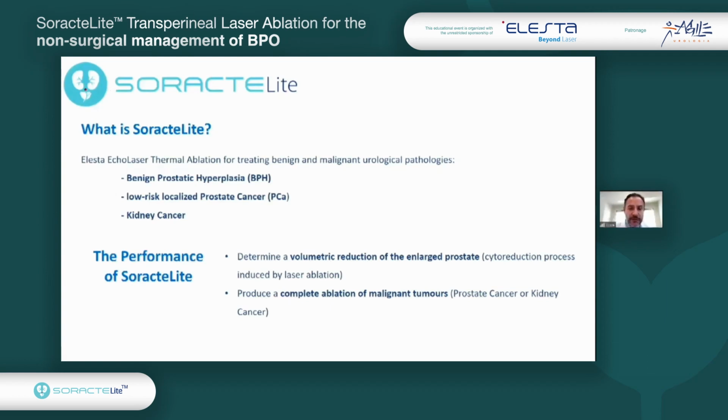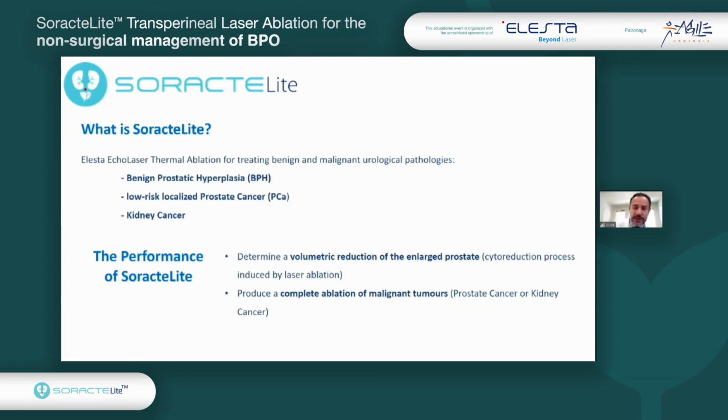We will use the SoracteLite to determine a volumetric reduction of the enlarged prostate, so we will have a cytoreduction effect induced by the laser ablation, which is a coagulative necrosis. And we will produce a complete ablation also of malignant tumors.